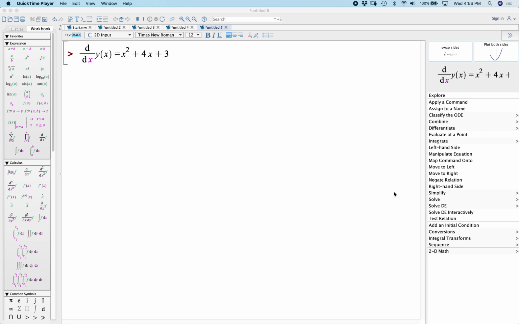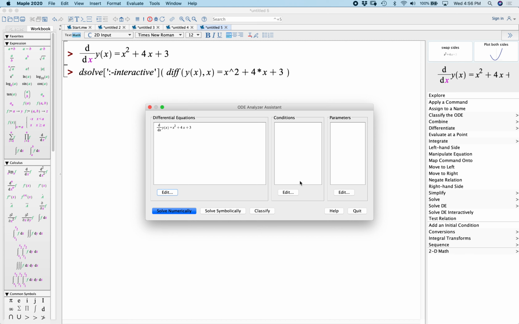Now, say I'm looking at solving the differential equation interactively. So I have on the screen d/dx of y(x) equal to x squared plus 4x plus 3, and I throw in the condition y(0) equal to 1, solving symbolically. So I have y(x) equal to 1/3 x cubed plus 2x squared plus 3x plus 1.